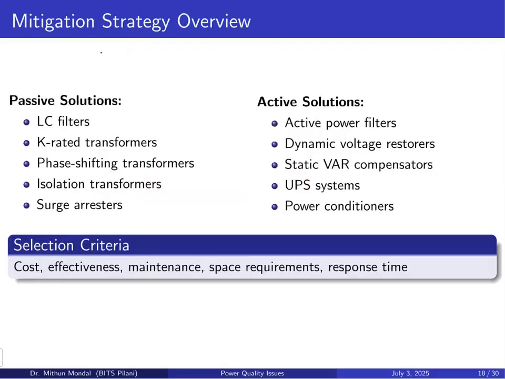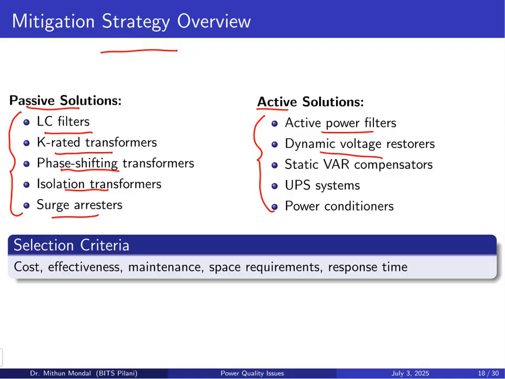The mitigation strategy overview: how we can deal with these power quality issues in terms of passive solutions or active solutions. The passive solutions can have LC filters, K-rated transformers, phase shifting transformers, isolation transformers and surge resistors. Active solutions can have active power filters, dynamic voltage restorers, static VAR compensators, UPS systems, and power conditioners.